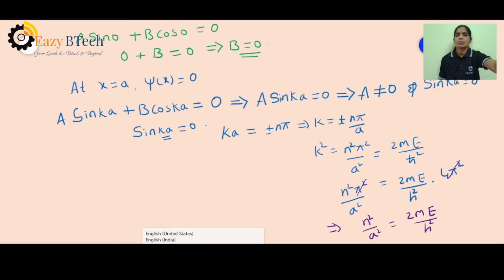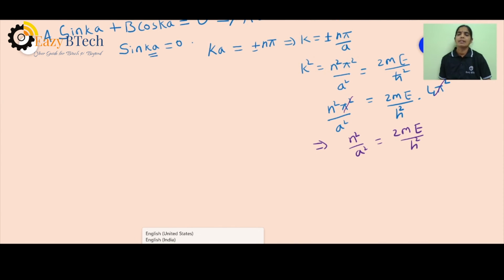The same expression could be modified to write the value of energy, which is given as E equal to n square h square by 8 m a square, taking h square to the other side and 8m to the other side.